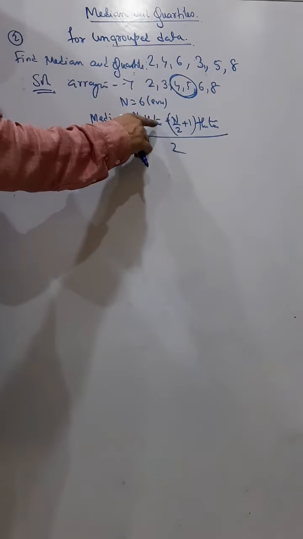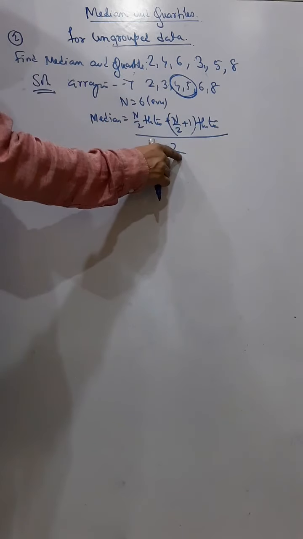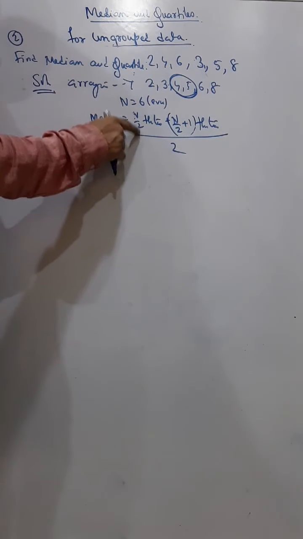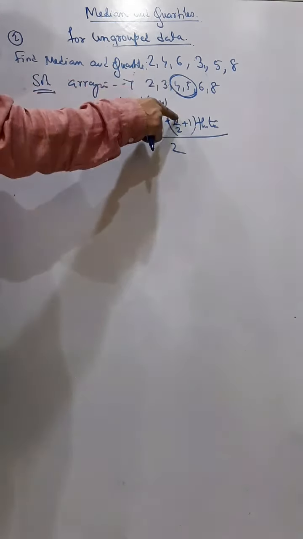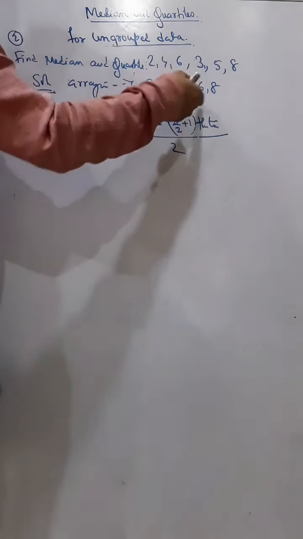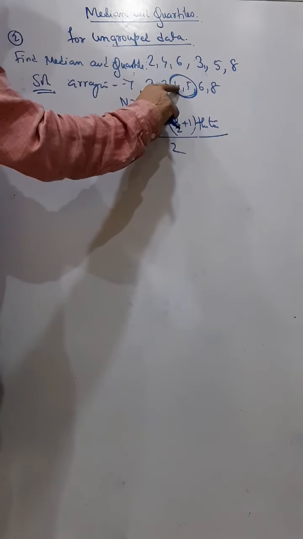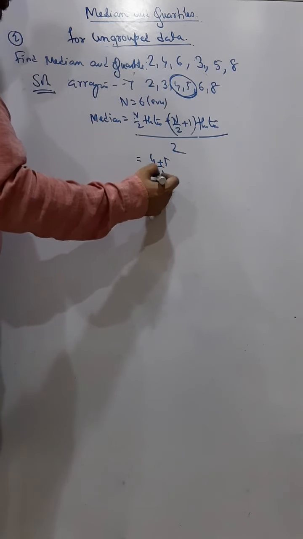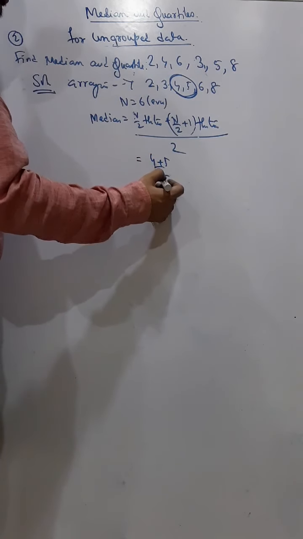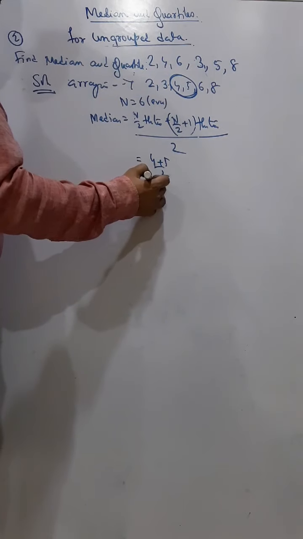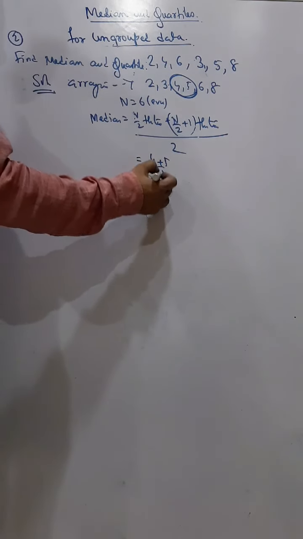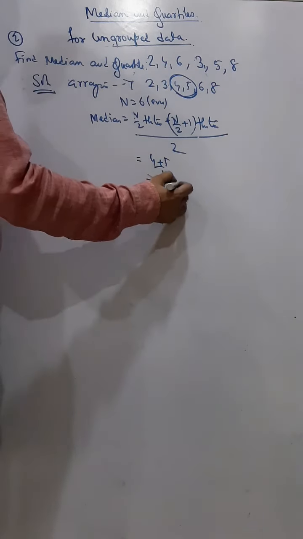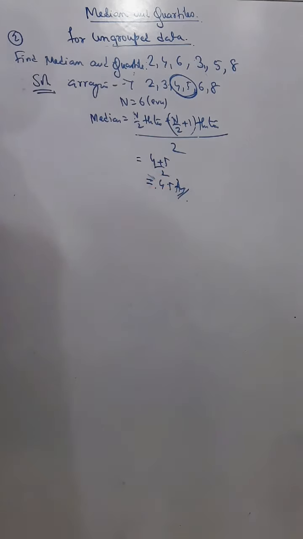So therefore we get the average of these 2 values. When I get n by 2 term, I get this term, and when I do n by 2 plus 1, the next term, so therefore we get this plus this divide by 2. So it will be 4 plus 5 by 2. So I get 9 by 2. So the answer is 4.5. So here the median value is 4.5.